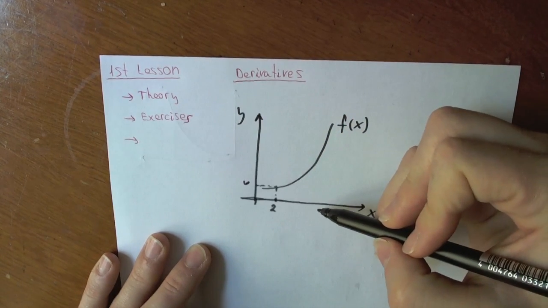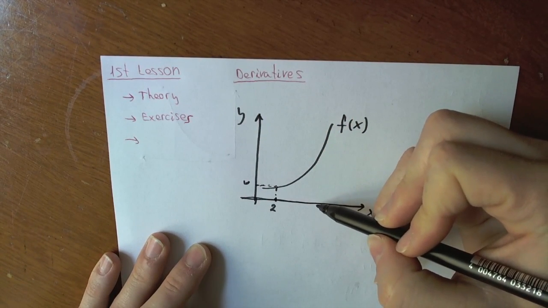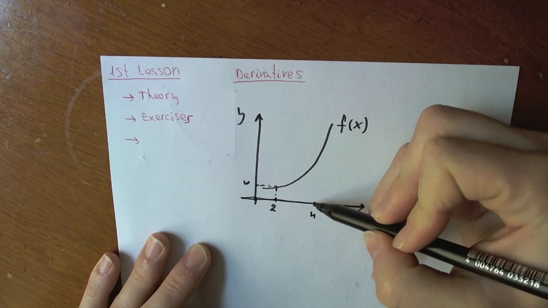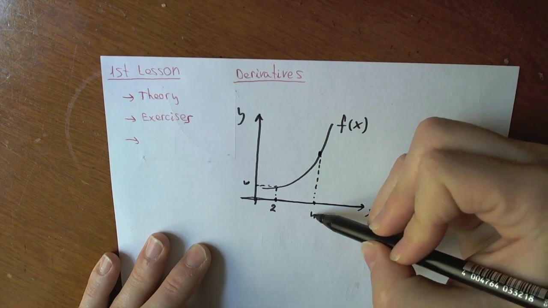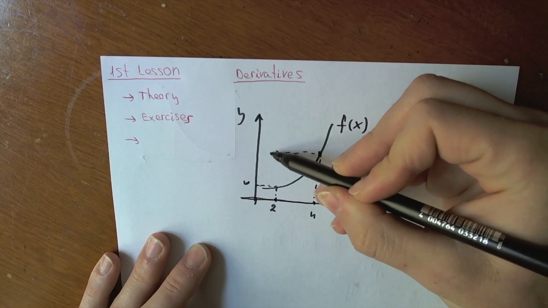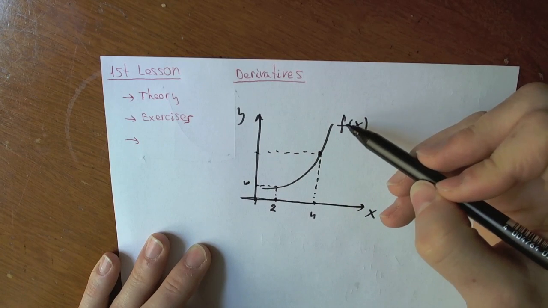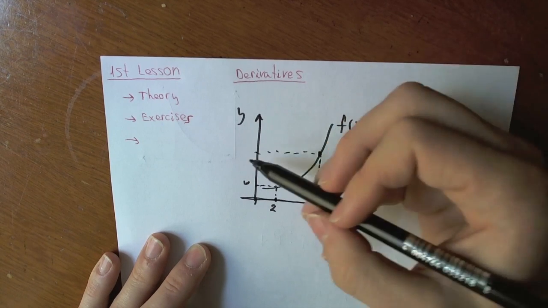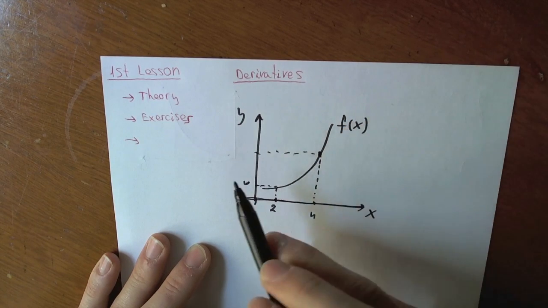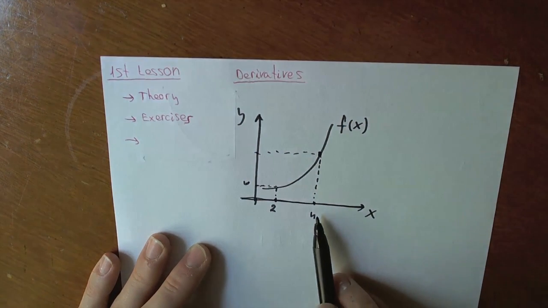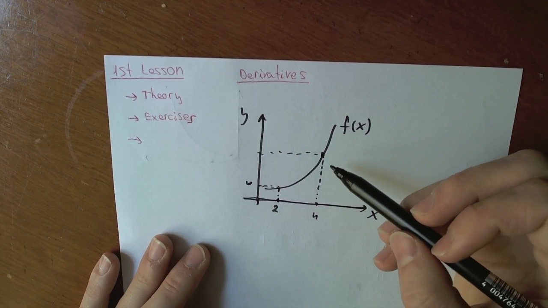And if x is, for example, 4, you go up, and this is the value of the function for x equals 4. So we say that this function depends on x, and this would be the y, the result for this x.